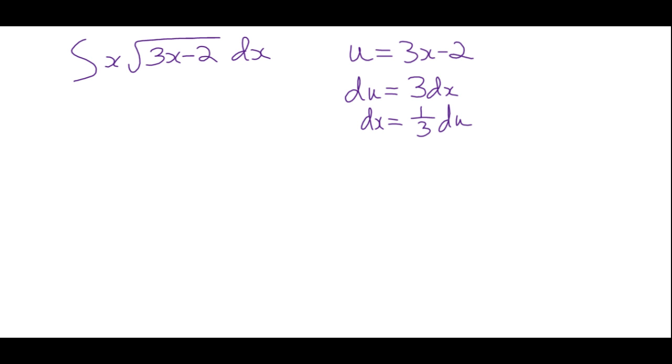Because we're going to have to replace this with the 1/3 du. And what's x equal to? So x is equal to u plus 2 over 3, right?